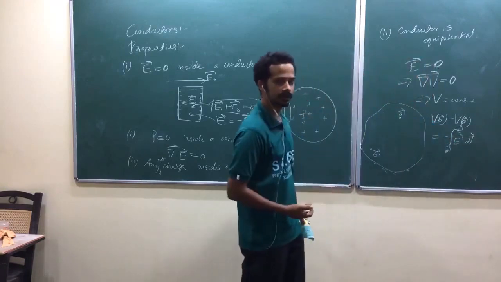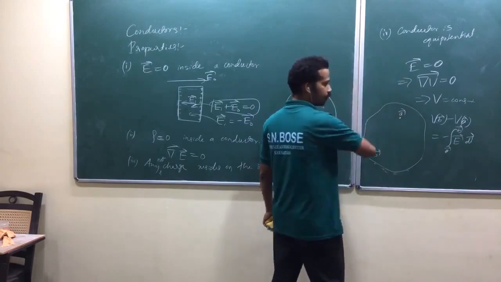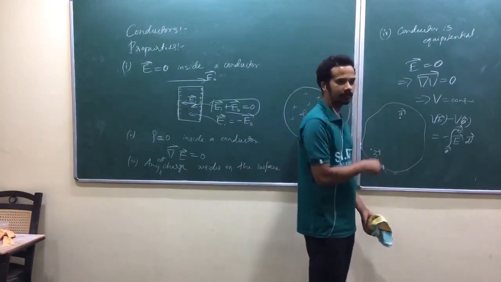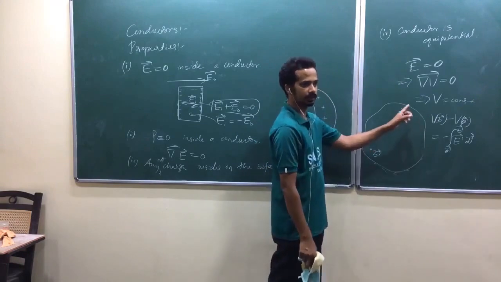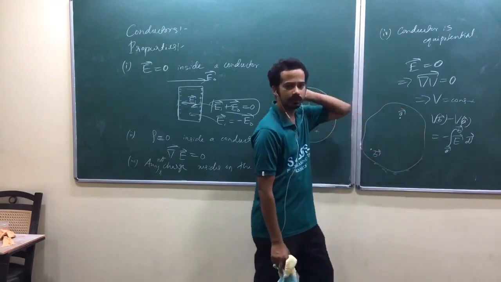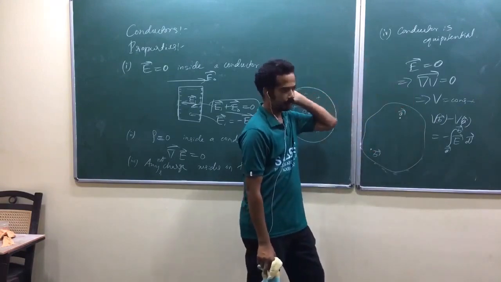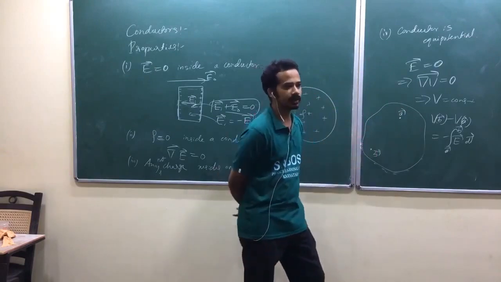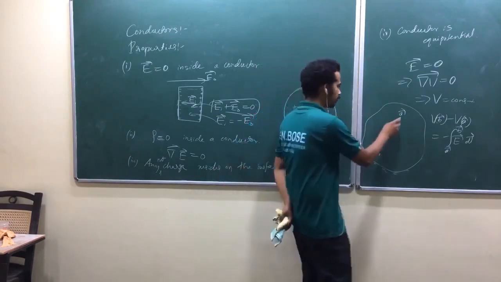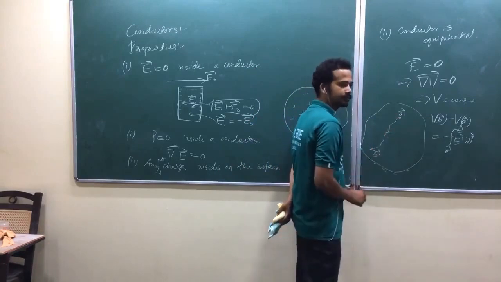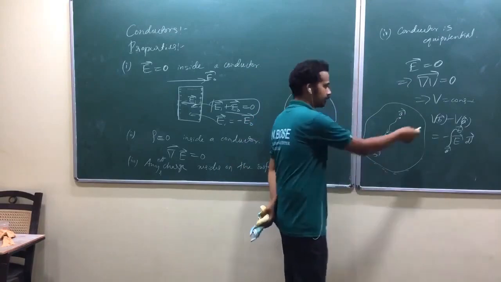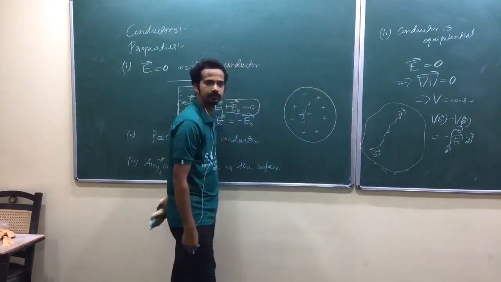Now you can say one thing: why can't I move my path integral outside where there exists an electric field? If there are charges on the surface, there may be an electric field outside the conductor. But that line integral is independent of the path taken. So what I do here is restrict my path inside, and throughout this path your electric field is 0.